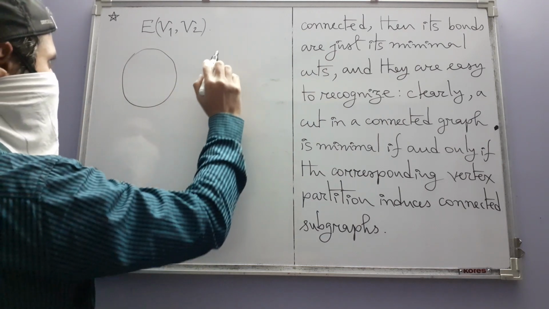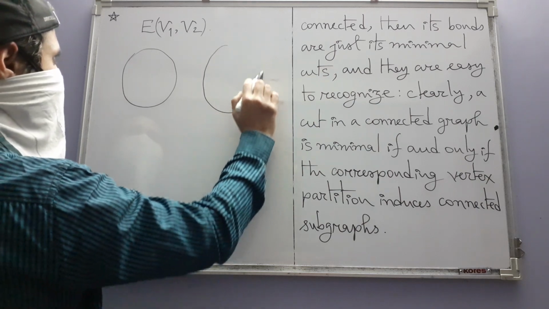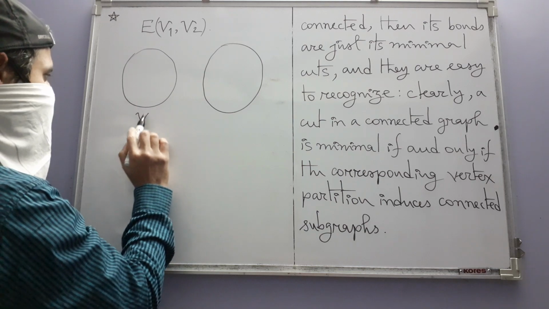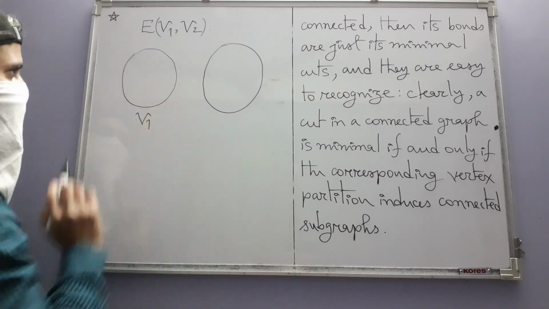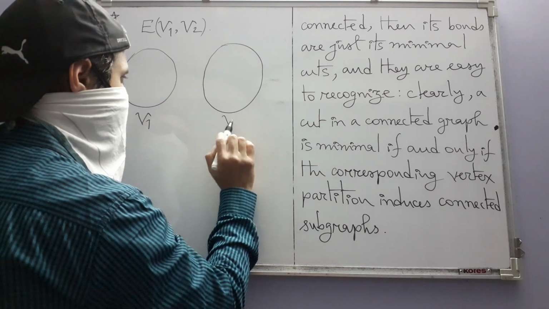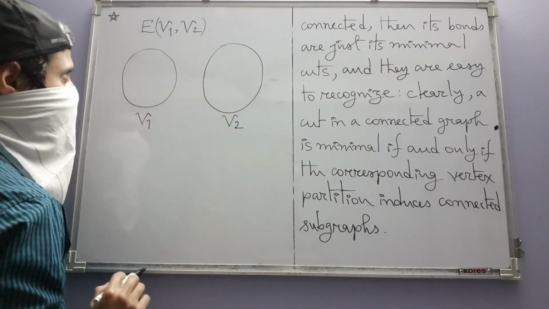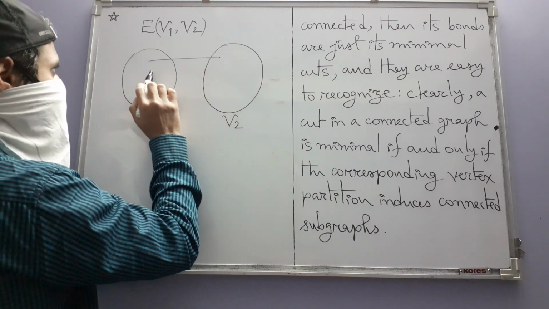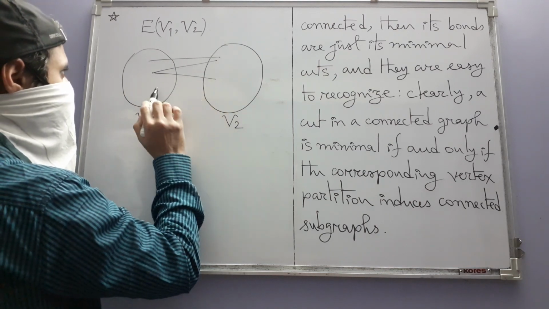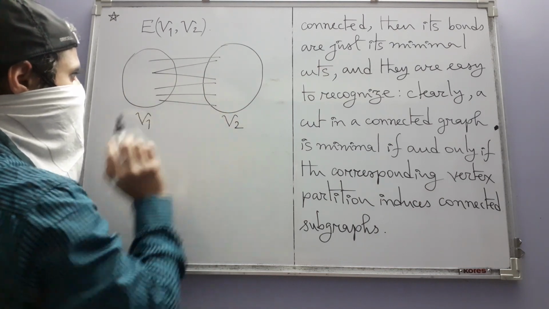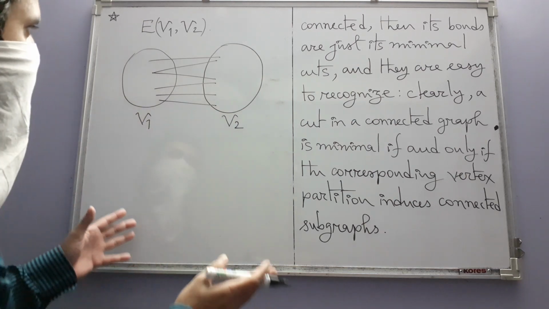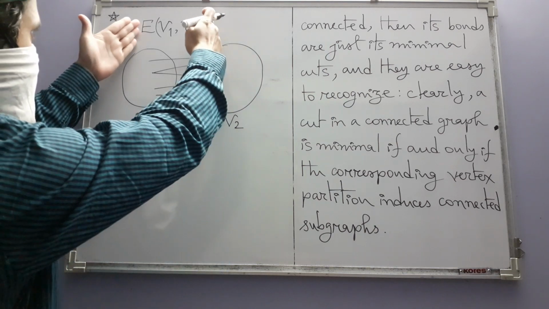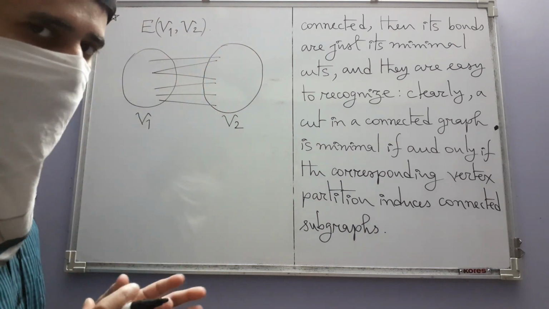So this is one side of the partition, this is the other side. Whatever vertices we have in V1 are on this side, and those in V2 are on this side, and this is the set of edges which look like this. All the edges in G that are like this constitute this set, and that is our cut.